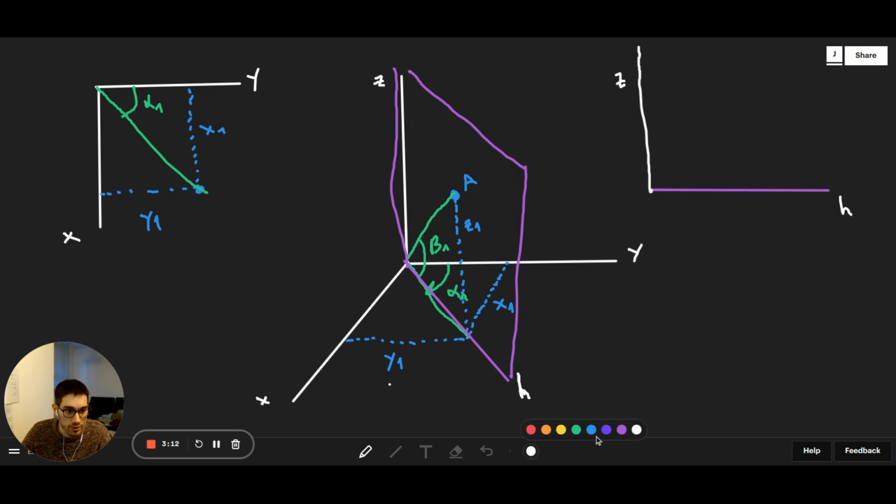This point will be located, let's say, here.